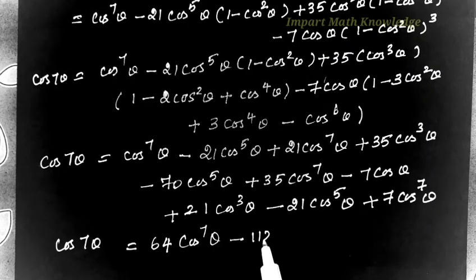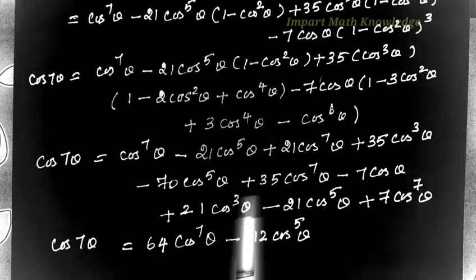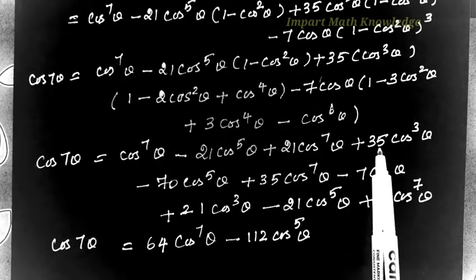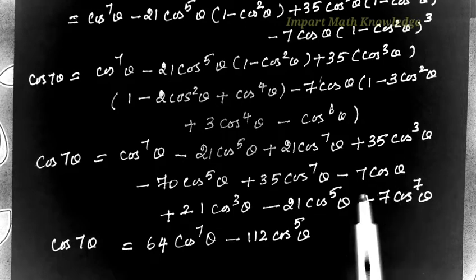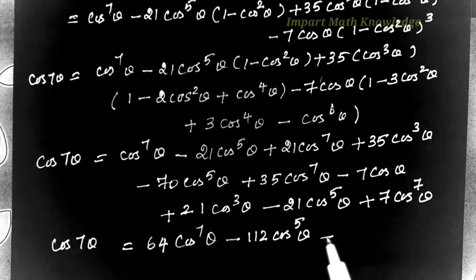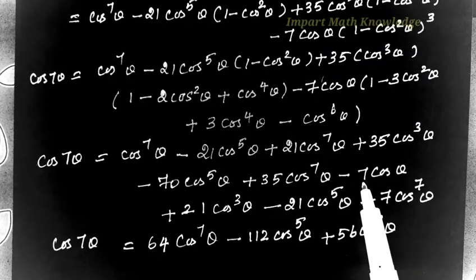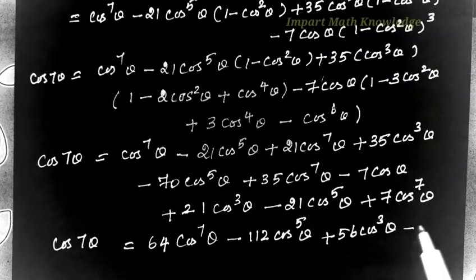Minus 112 cos power 5 theta. Then add all the 3rd power terms. 35, here 21, 56. So plus 56 cos cube theta. Then the last term is 7 cos theta.